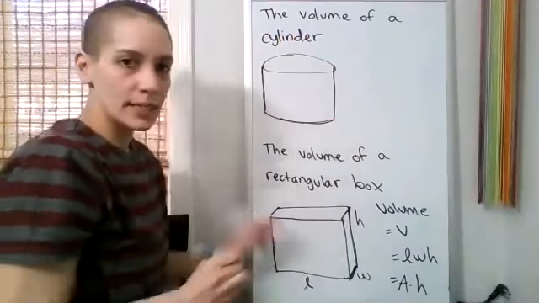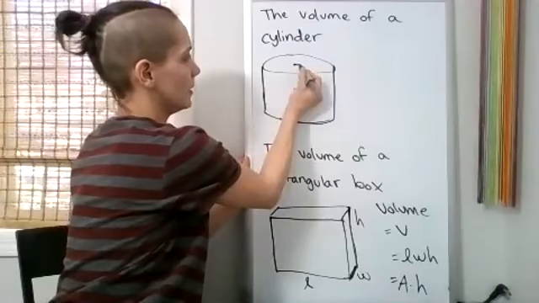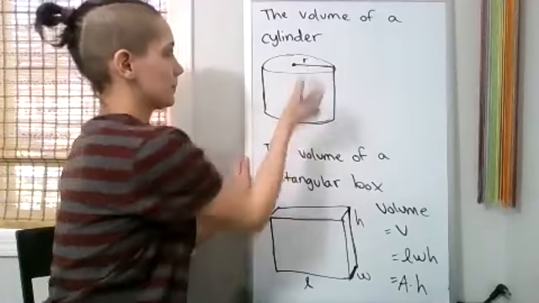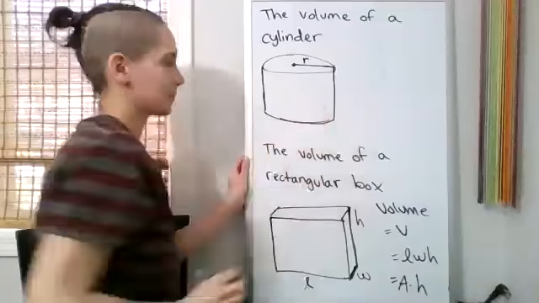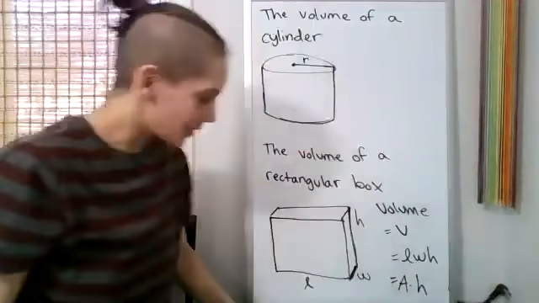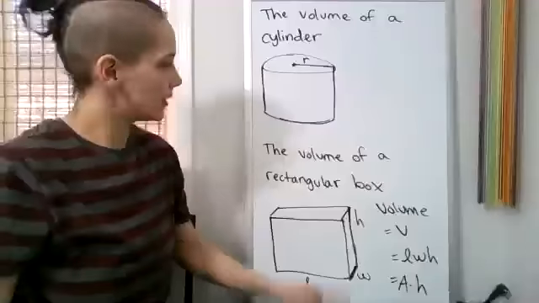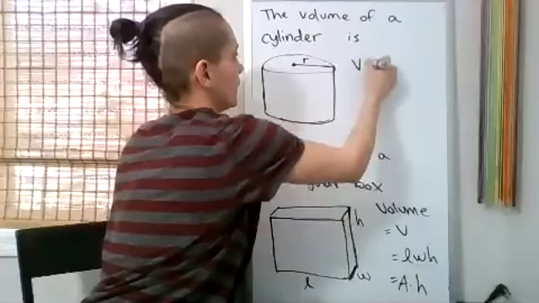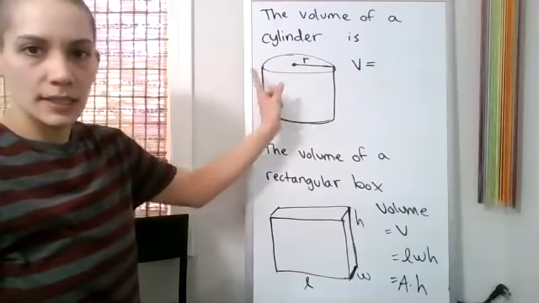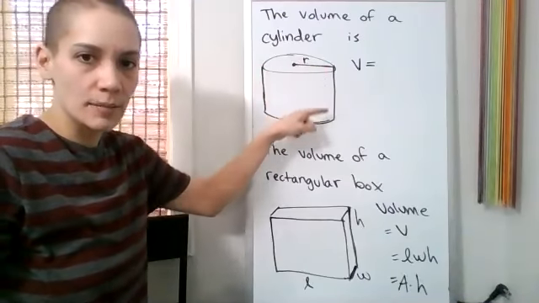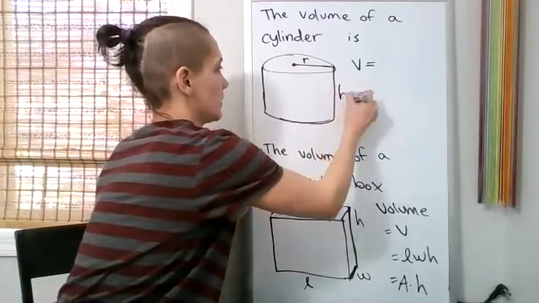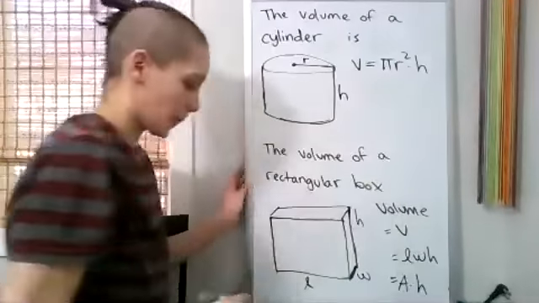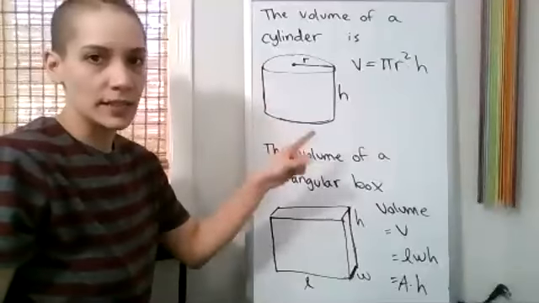I'm going to draw a radius, this little radius r right here. Okay, volume of a cylinder is equal to this area, pi r squared, times the height. Or again, I'm going to put area times height.